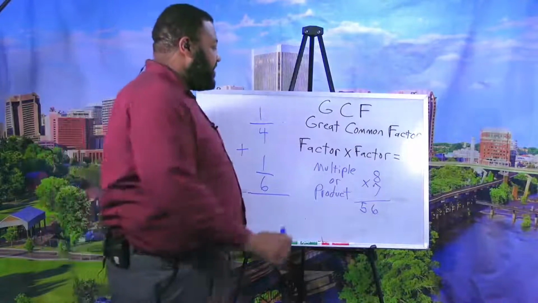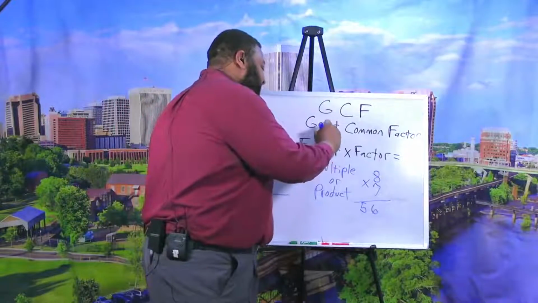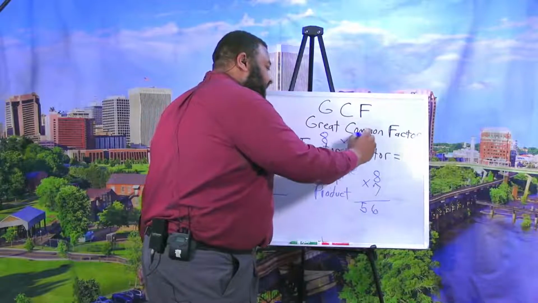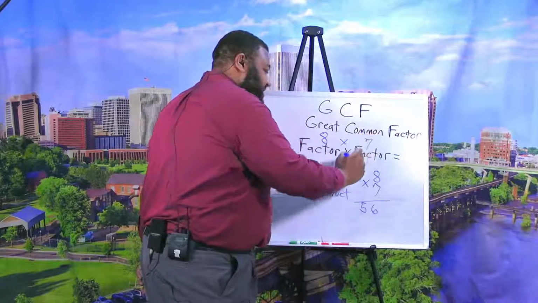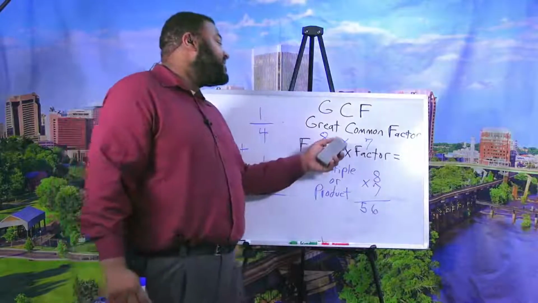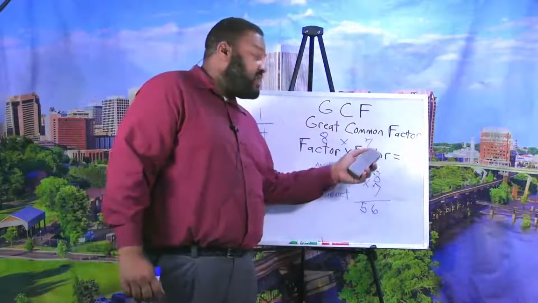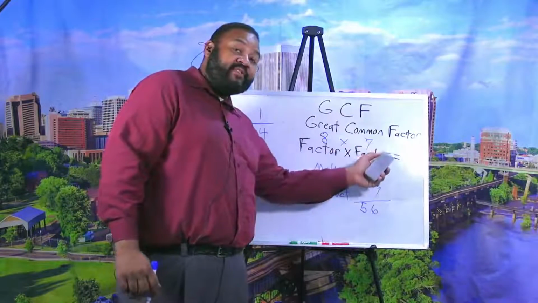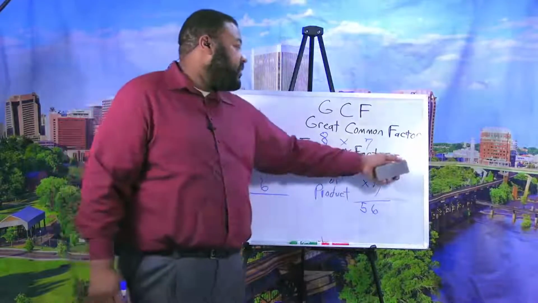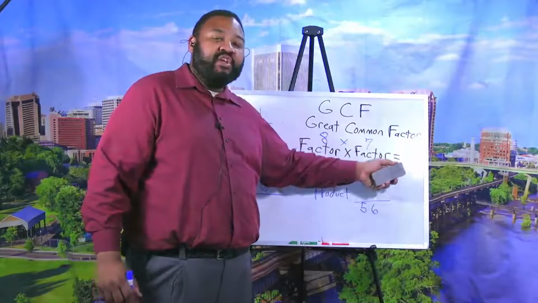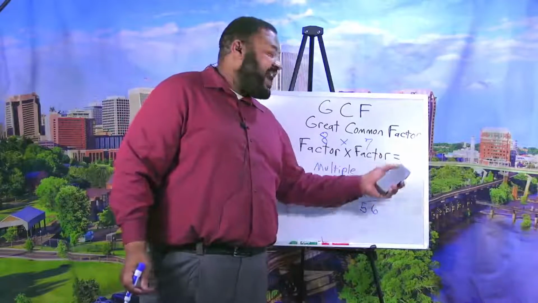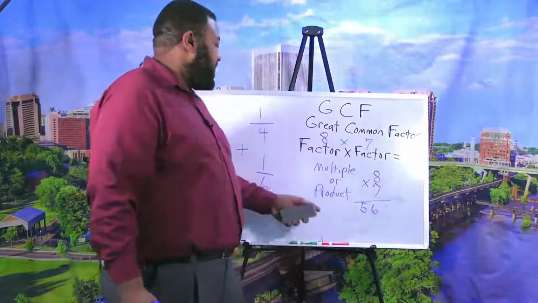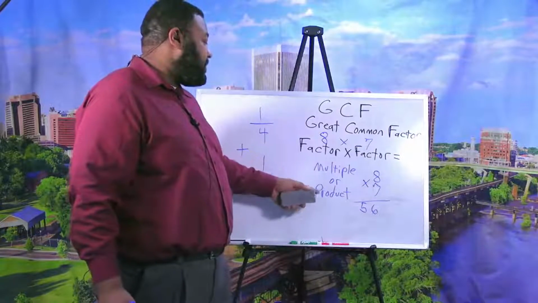But check this out. My first factor is 8 times 7. So factor times a factor equals, okay? This is now an equation. When you have an equal sign, we now have an equation. Multiple or product.